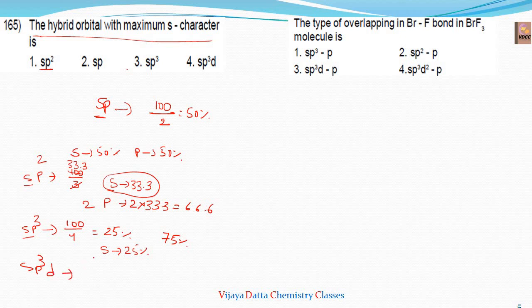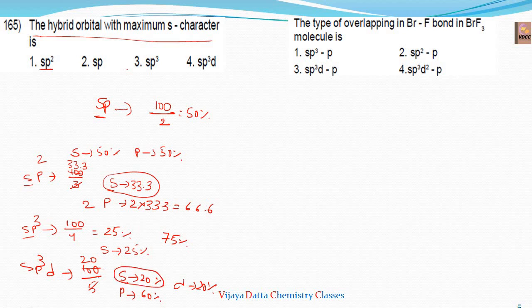Total we have 5, so 100 by 5, each one gets 20. Only one s is there, so s is 20%. There are 3 p orbitals, 3 20s are 60%. d is also 20%. So s character is 20%.